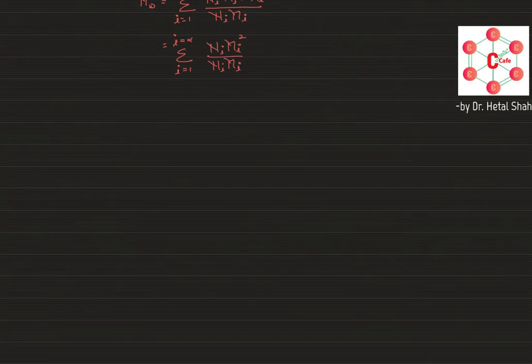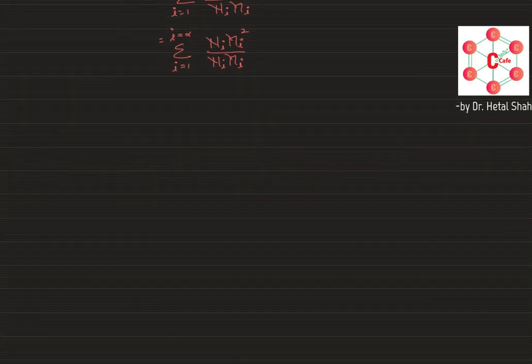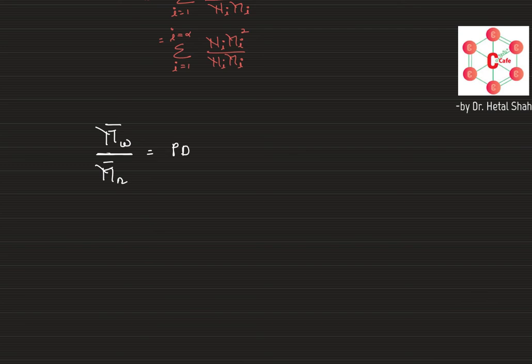Now there's also something which you have to know here, which is that if you take the ratio of weight average molecular mass and number average molecular mass, you get something called PDI.